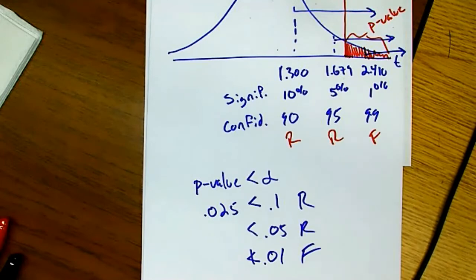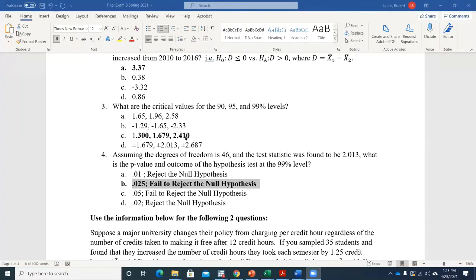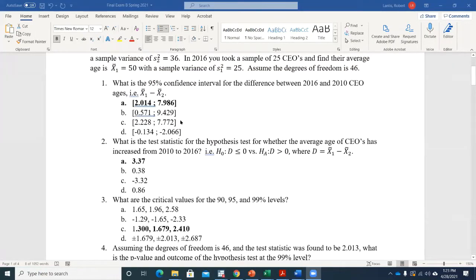One thing that I do want to point out, because I started grading the other sections, Excel's first, and I've seen this as a common problem. So I want to connect something here. If I'm looking at my confidence interval, basically what that's saying is the true difference between these sample means is somewhere between 2 and 8, right?